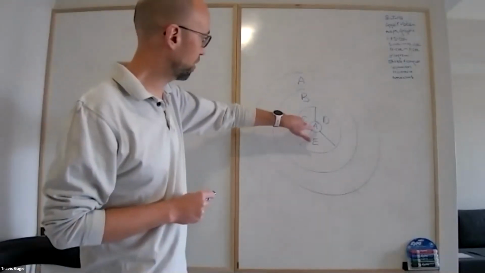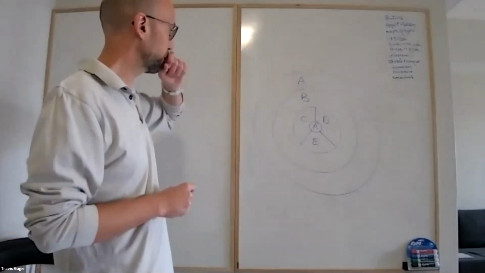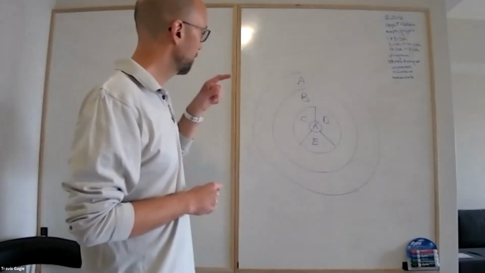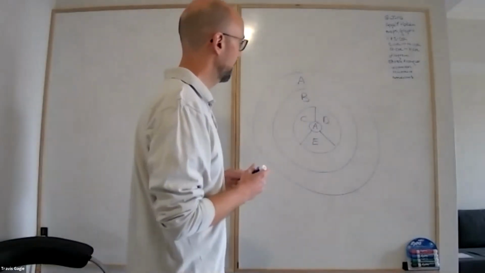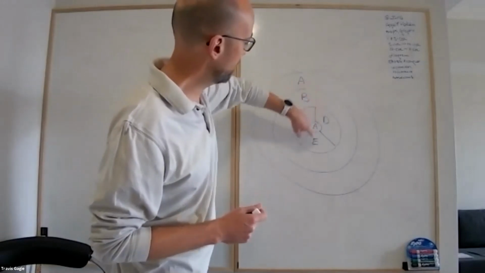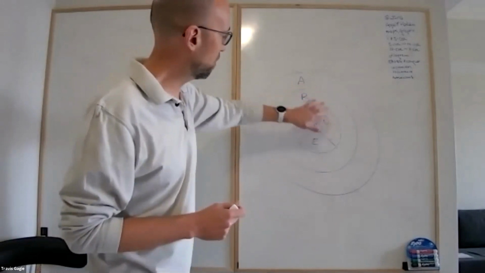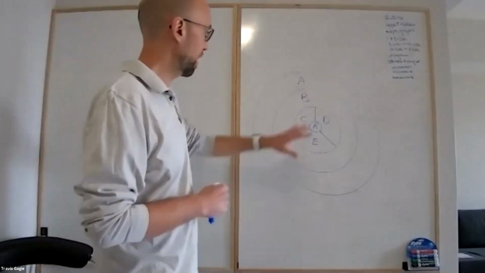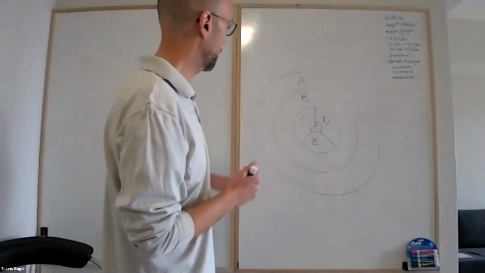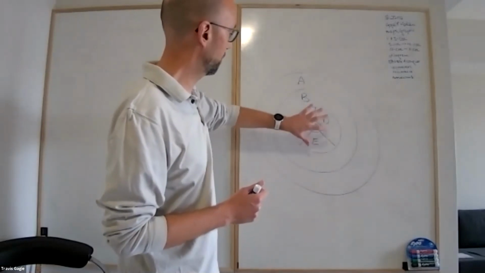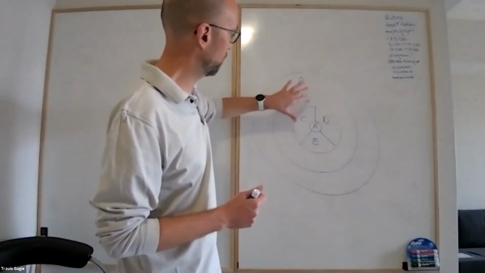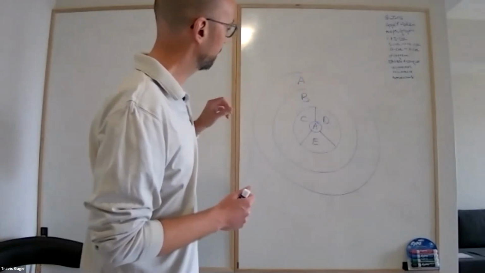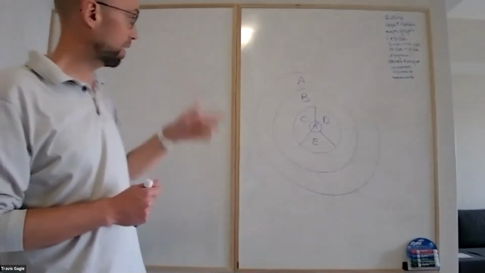So this is an exclave of country A. And the reason this cannot be 4-colored is C, D, and E are all adjacent to each other, so they have to be different colors, right? B is adjacent to all of these, and so it has to be a different color.